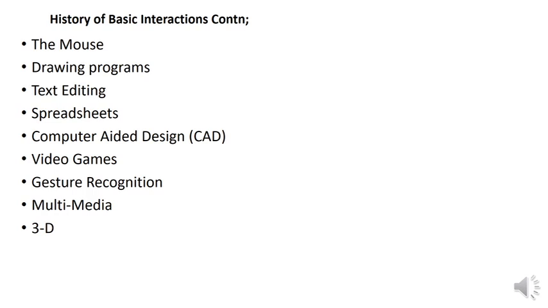Xerox PARC Bravo was the first "what you see is what you get" editor formatter, developed in 1974. It was designed by Butler Lampson and Charles Simonyi, who had started working on those concepts around 1970 while at Berkeley.